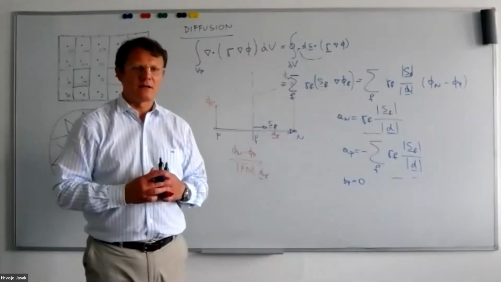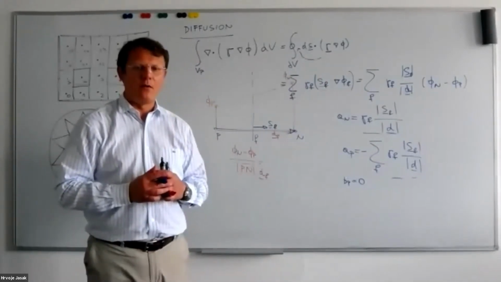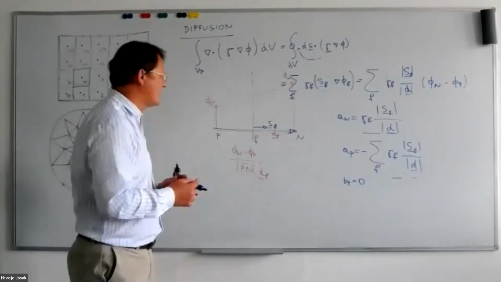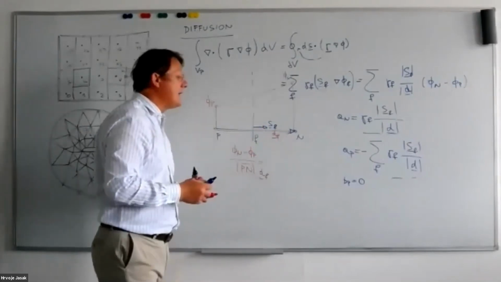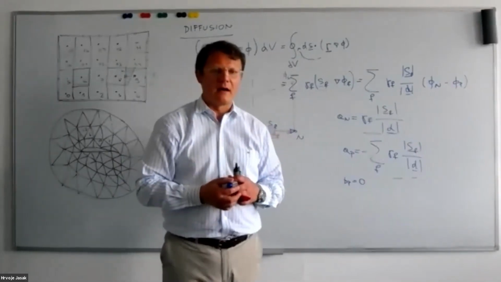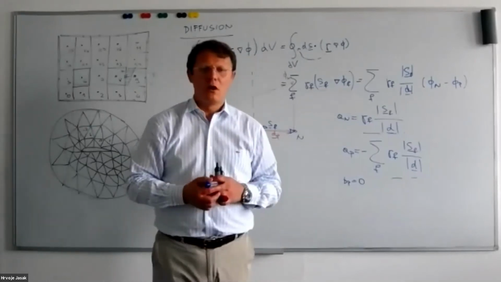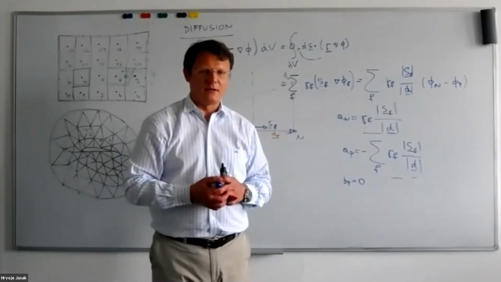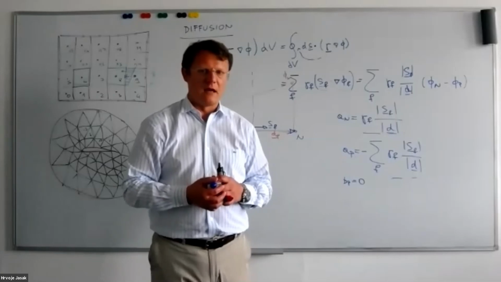In the slides, you will see more complications that happen on non-orthogonal meshes, meaning in the situation where the vectors S f and d are not parallel with each other. What are we going to do about the source and the sink terms? Well, they are really quite easy because they are volume integrated and do not include the neighbors.